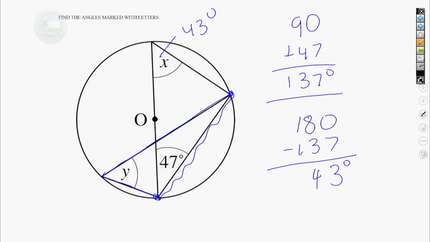Well, is that chord subtending any other angle? Yes. It's subtending x. So, because they are subtended by the same chord in the same segment at the circumference, that means that y will also be 43 degrees.